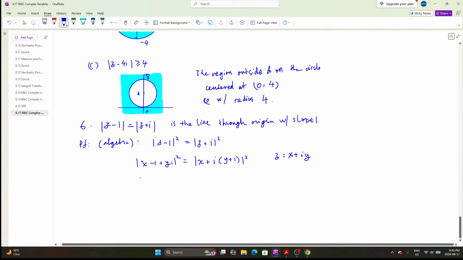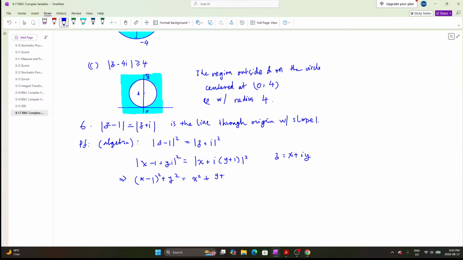And then expanding the squared modulus, you get x minus 1 quantity squared plus y squared, which equals x squared plus y plus 1 quantity squared.